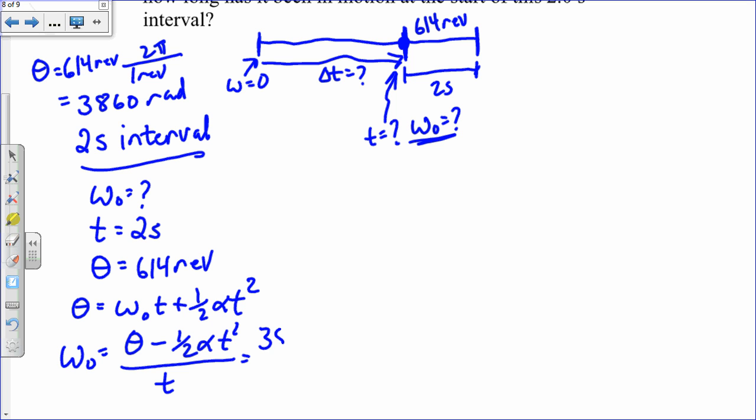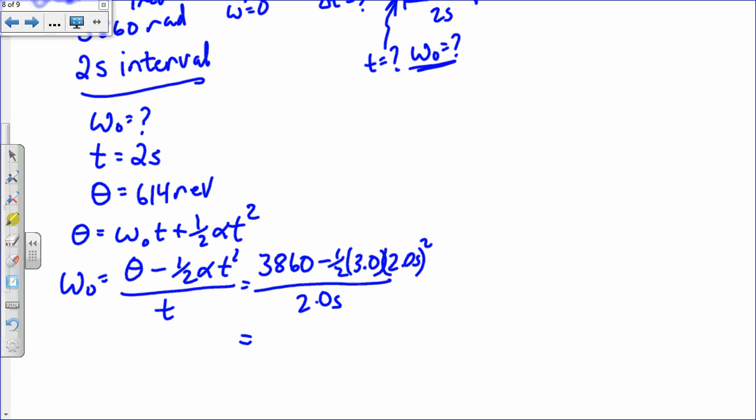So it's 3860 minus 1/2 times 3 radians per second squared times 2 seconds squared, divided by 2 seconds. And that gives me omega naught to be 1930 minus 3, which is 1927 radians per second.